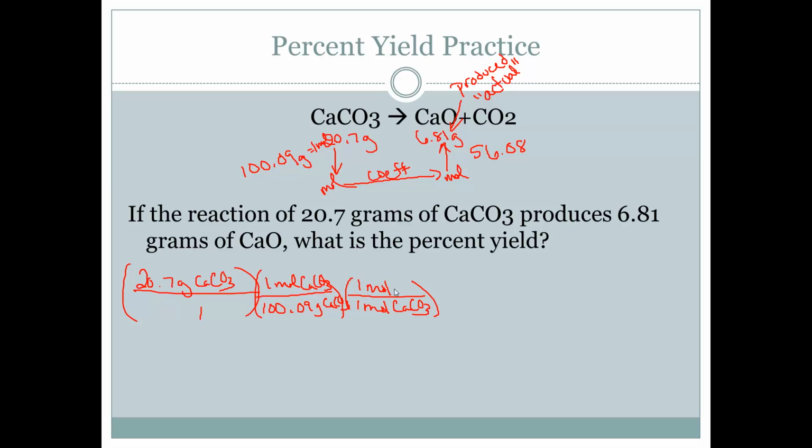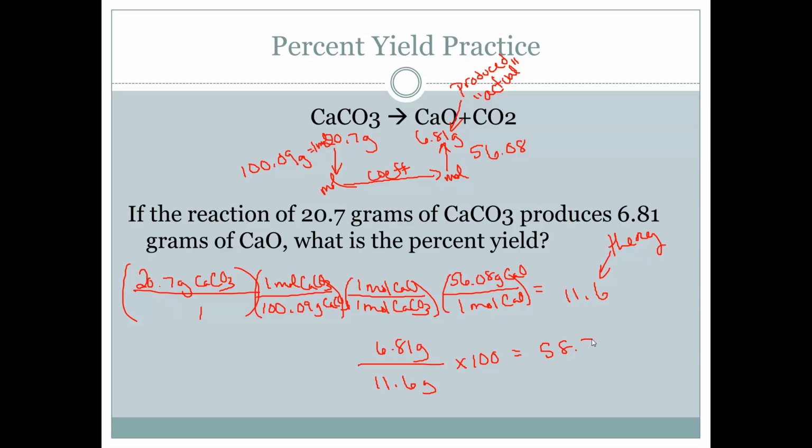For every 1 mole of CaO, we can make 56.08 grams. So 20.7 divided by 100.09 times 56.08 comes out to be 11.6. That is our theoretical yield. So it's going to be the actual, which is 6.81, over the theoretical, 11.6, times 100. That comes out to be 58.7%.